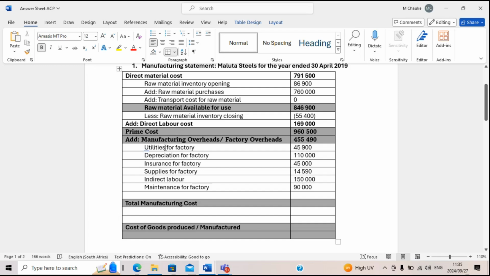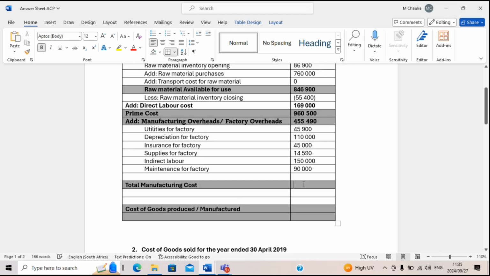So it's going to be 960,500 plus 455,490, and then you're going to get a total of 1,415,990. That is our total manufacturing cost.